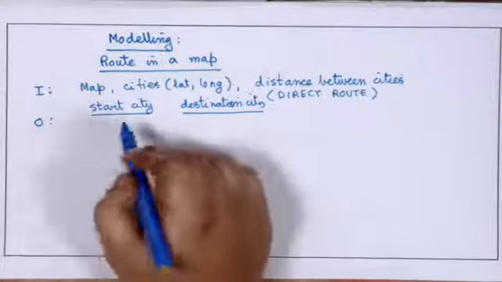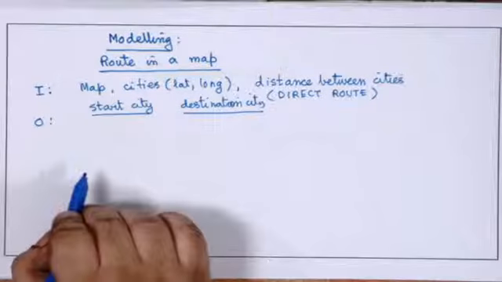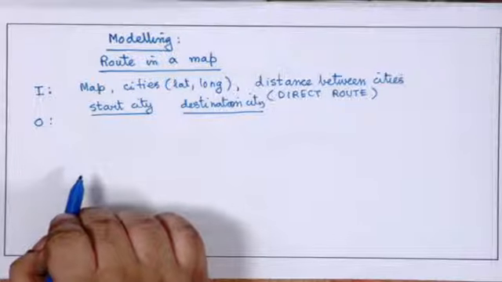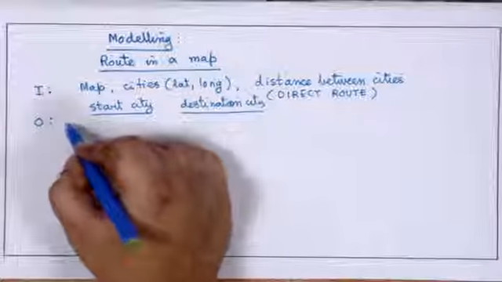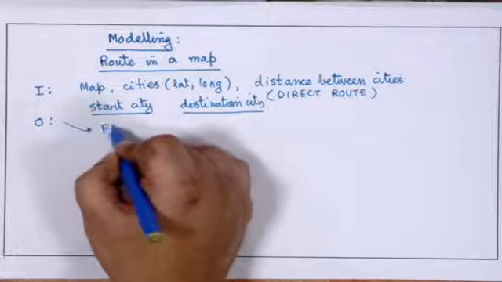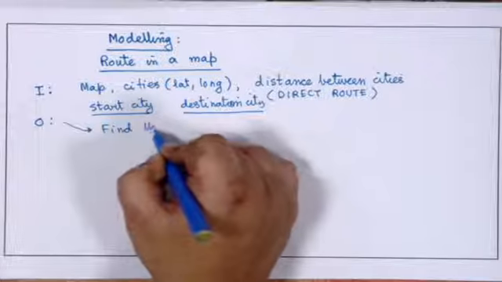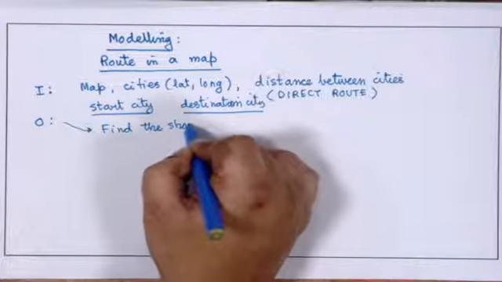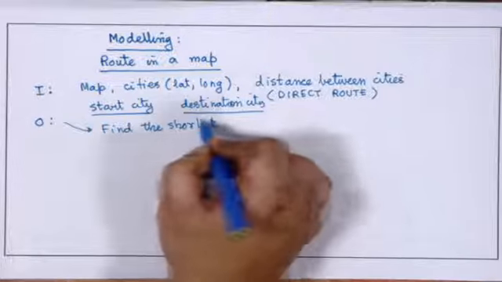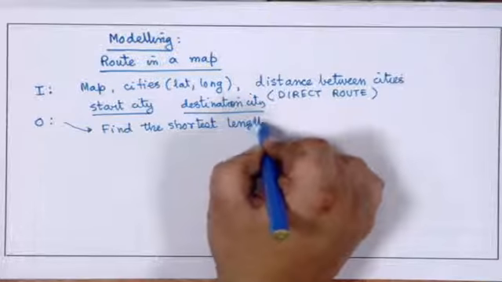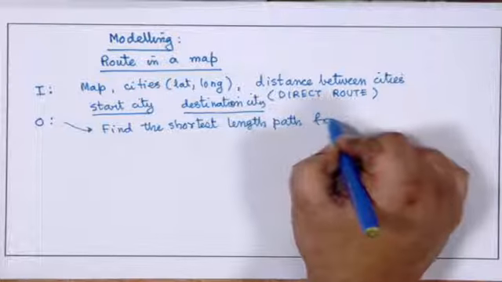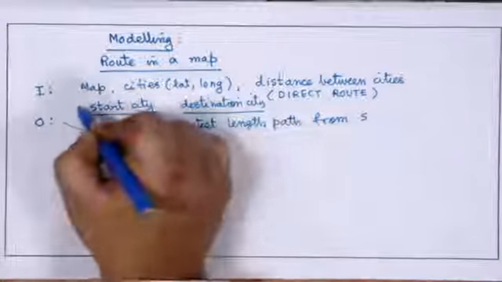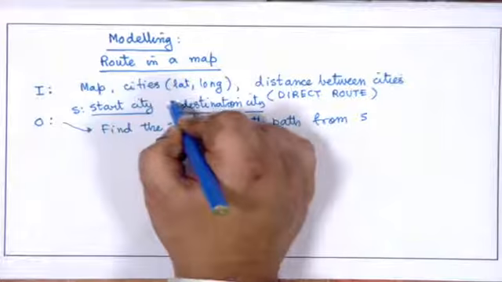And given the start city and the destination city, your problem, the output, is to find the shortest length path from the start city S to the destination city D.